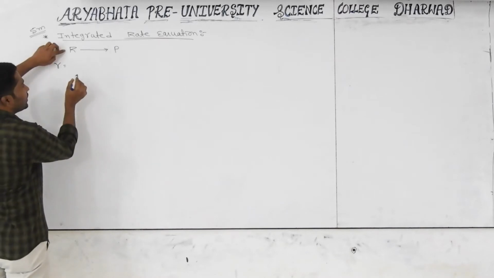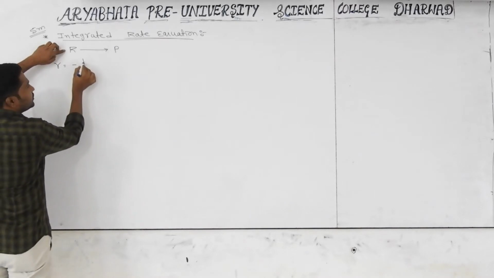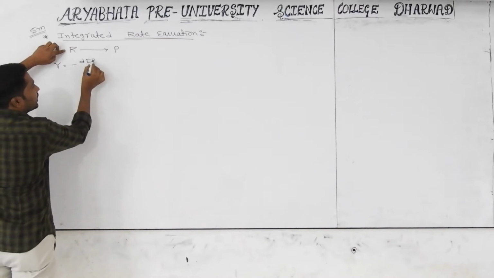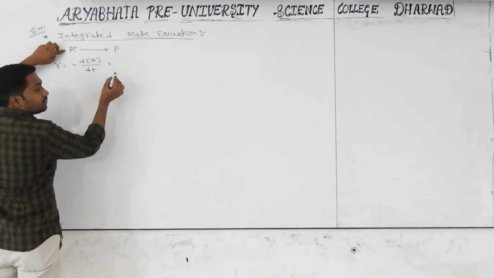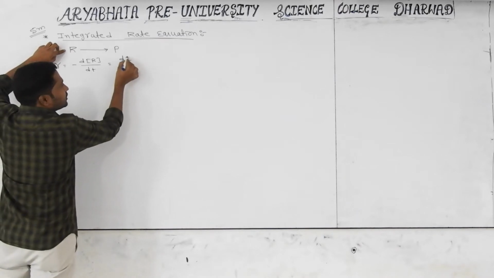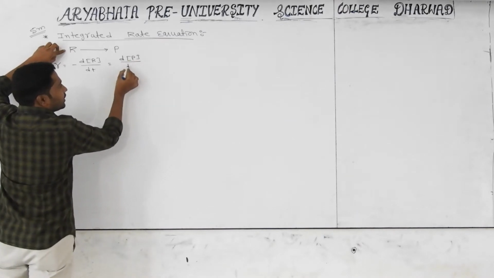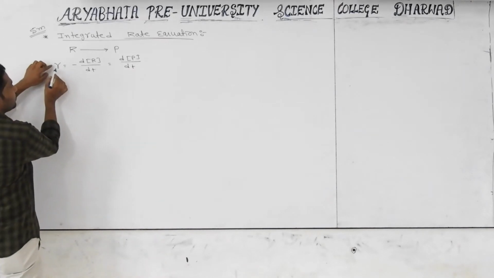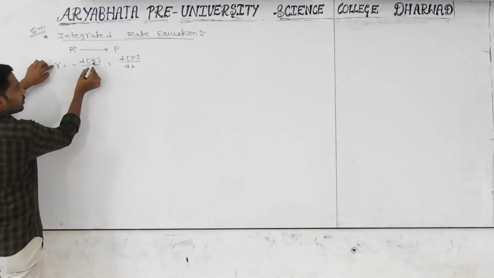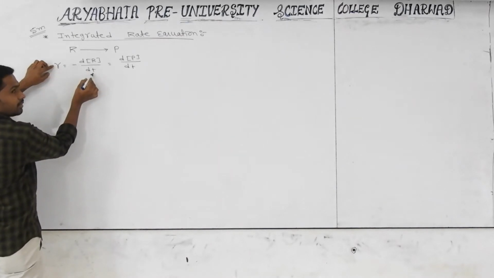That is, minus of change in concentration of reactant by time change, or equivalently change in concentration of the product by time change. We can express the rate of the reaction like this, but in this equation we get a relation between the rate of the reaction, concentration and time.